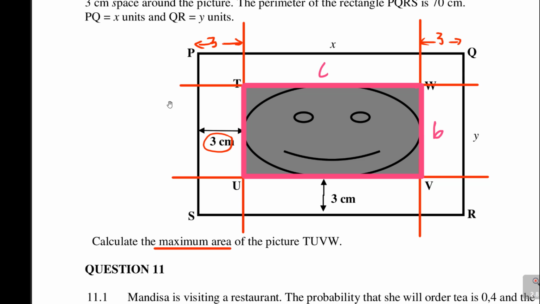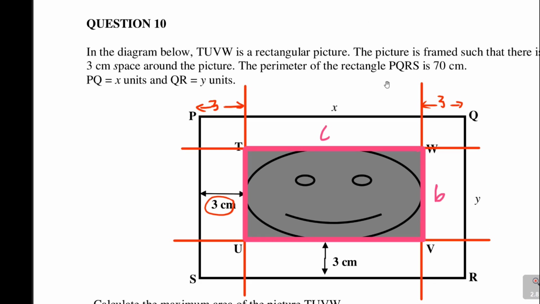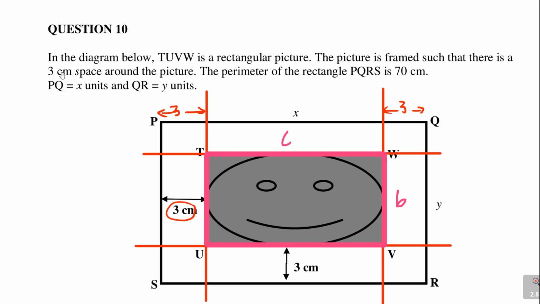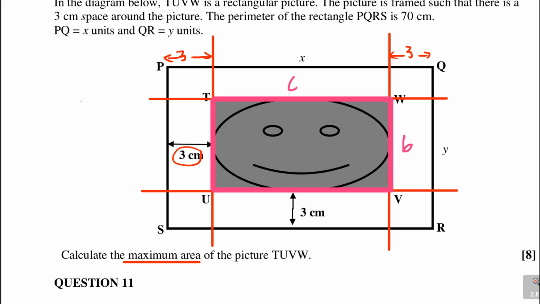Because they did mention that the picture frame is framed such that there is a 3 centimeter space around the picture. So even here, when you look at this distance, this distance is 3 centimeters. So even here, that distance is 3. So what does it simply mean?